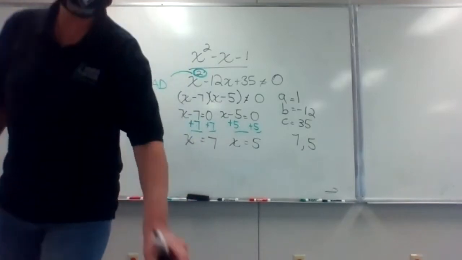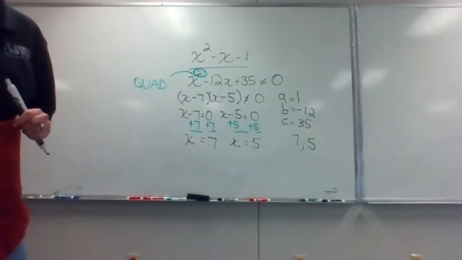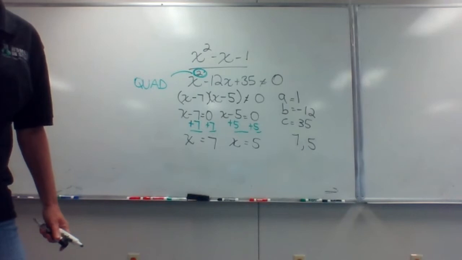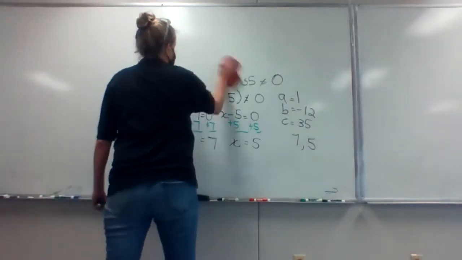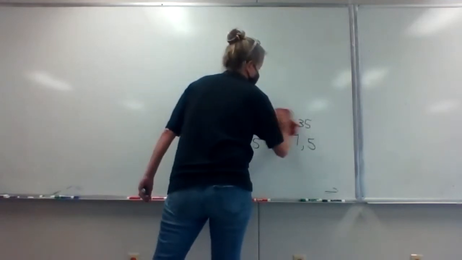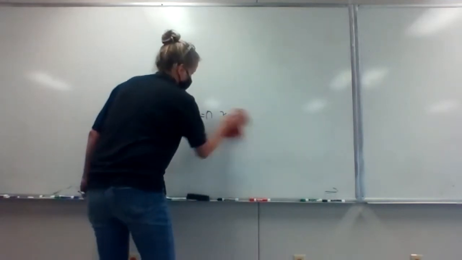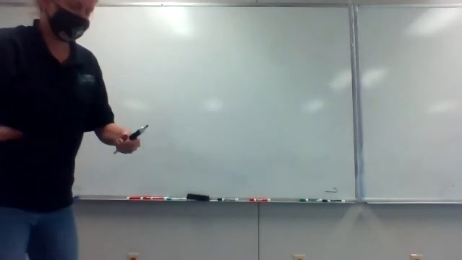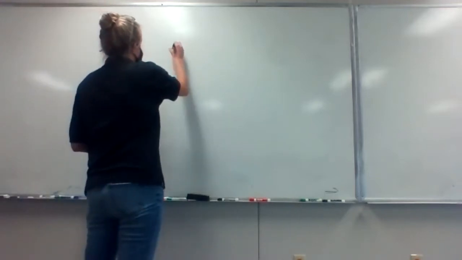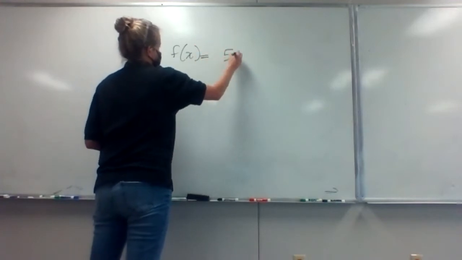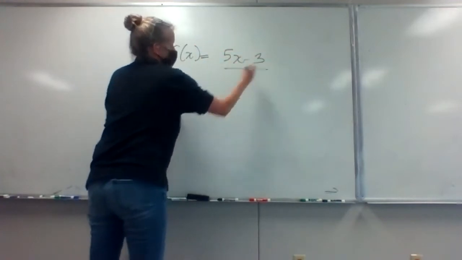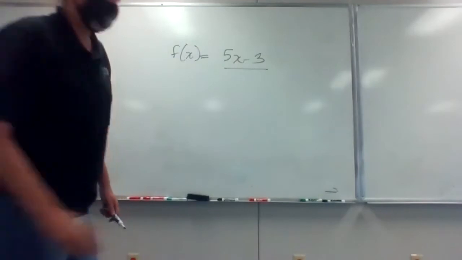Okay, so like on number 3, when your expression is f of x equals 5x minus 3 over x plus 5.